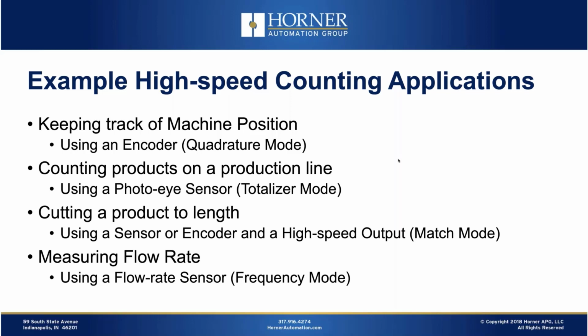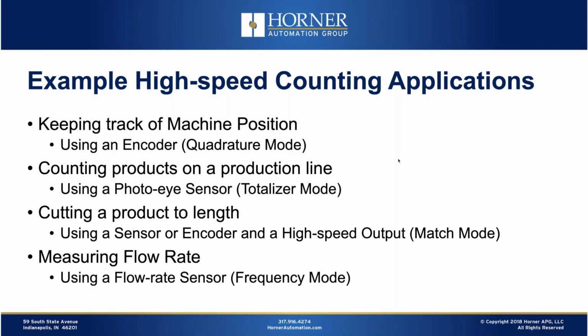And you need to keep track where you are in that cycle. Very commonly, an encoder can be used for that sort of application on many different types of machines, using something called quadrature mode very often, so that we can get that position information into the controller in real time without losing a beat.